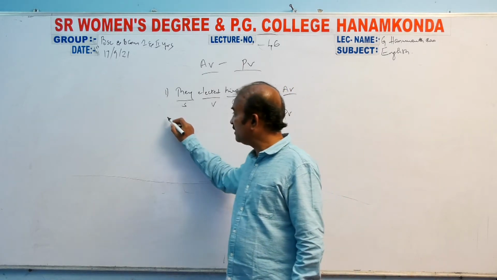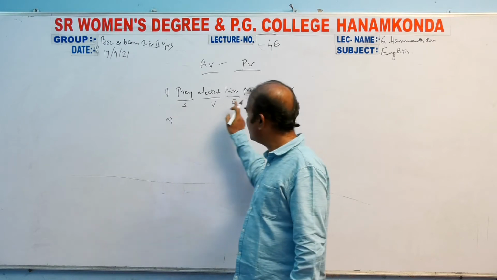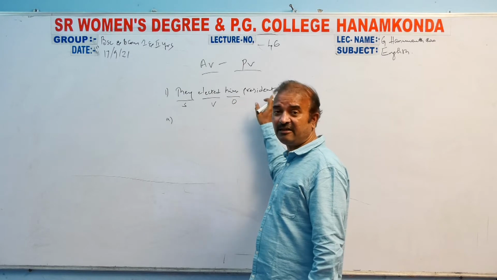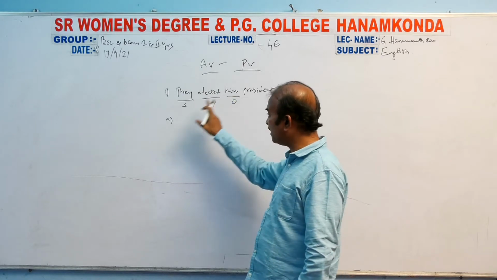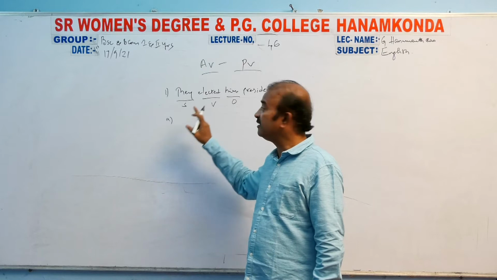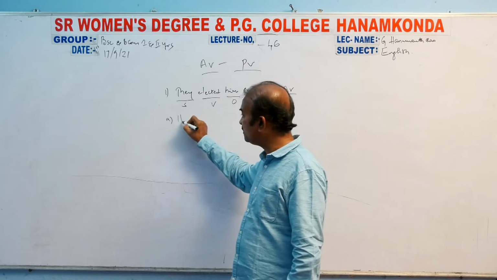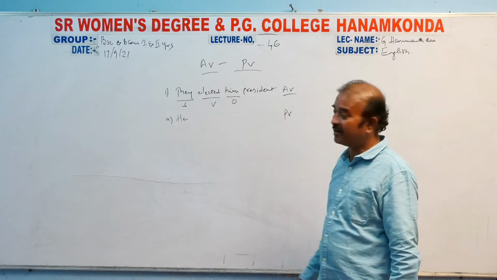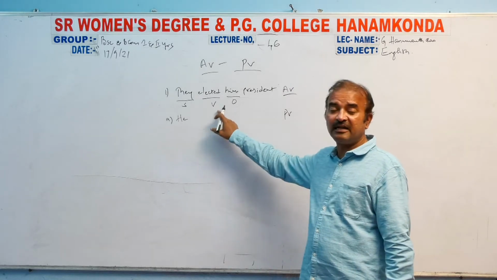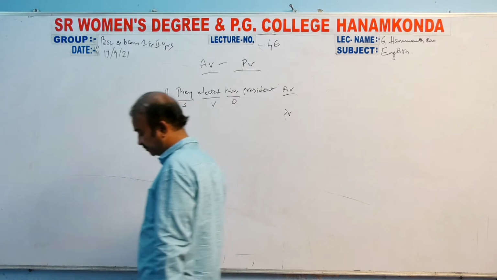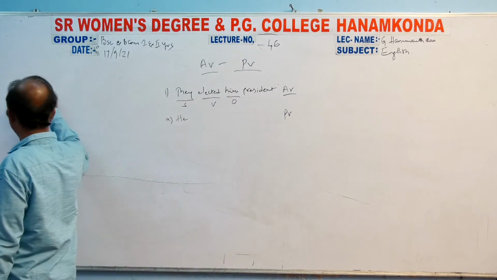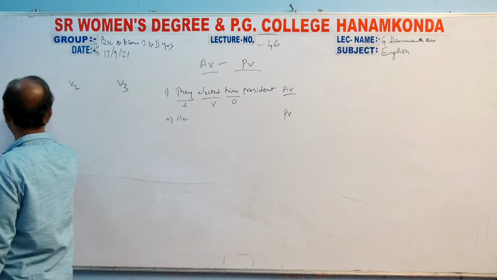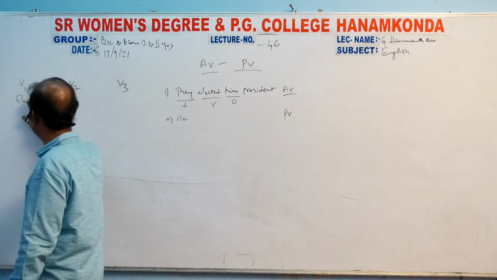Now let's see. Him is the object here in active voice, and in passive voice the object comes into the place of subject. So him changes to he. Now take a look at the verb, girls. Present tense, V1, elect.